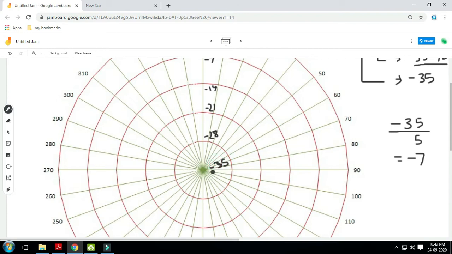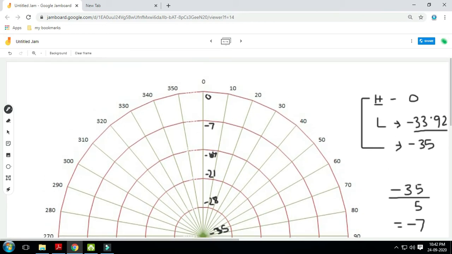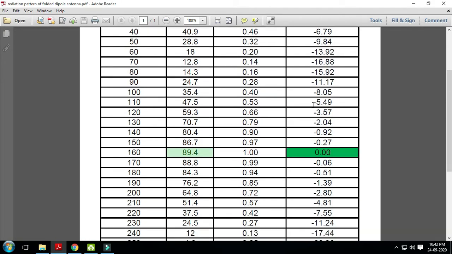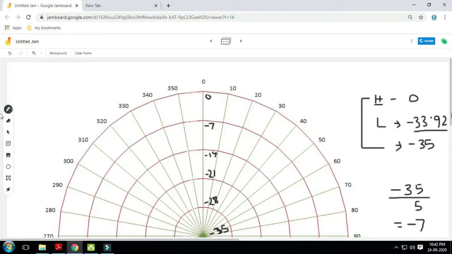So now we understand, if we have a dB reading, you go through all the dB readings, then you find the highest and lowest value, then you set your range properly. You set your range such that all the readings should be within that range.